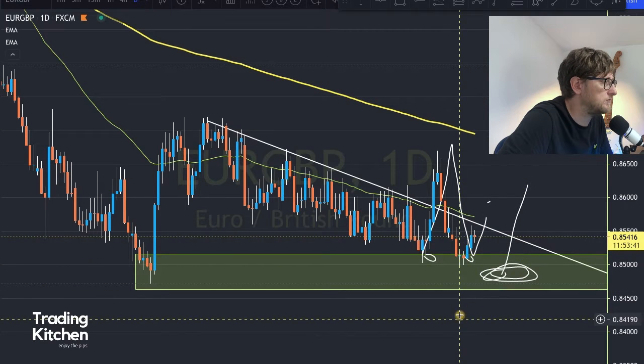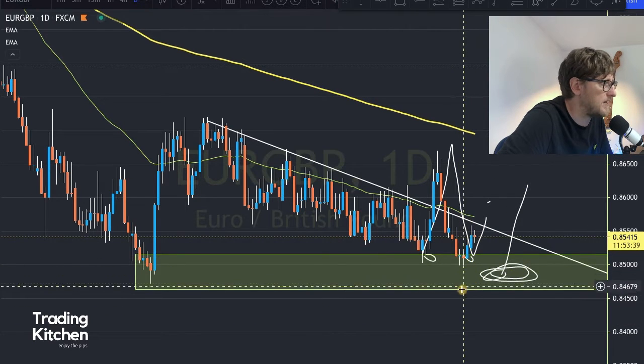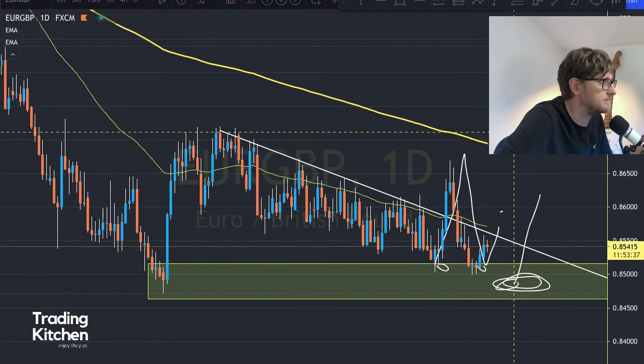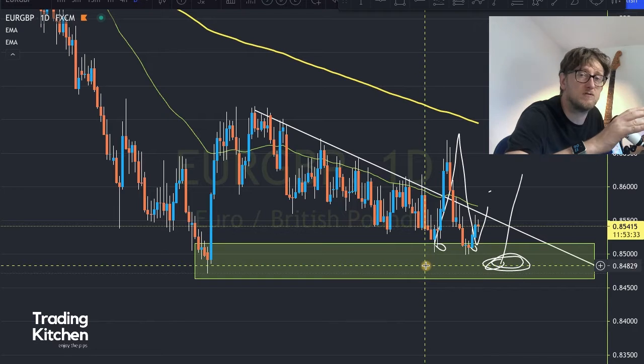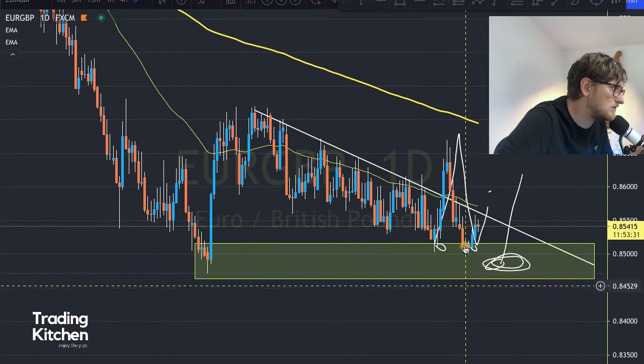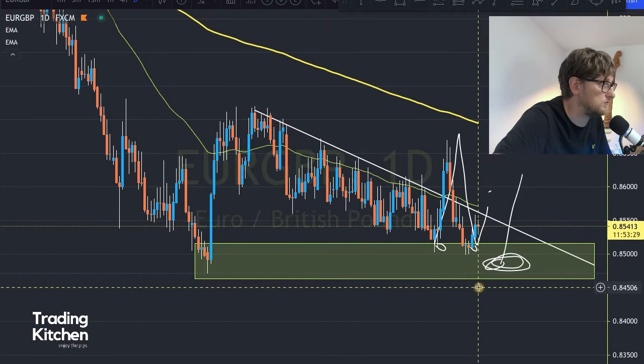Obviously I don't want to wait for the price to go in here, because we are in a discount zone, so this is not a good zone to open a short.